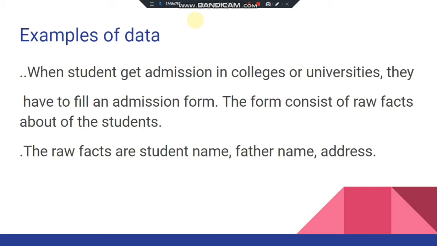It is all data belonging to the student, because it does not yet deliver a message to the university or college. We did not yet organize it, so my name, father's name, and address are all data.